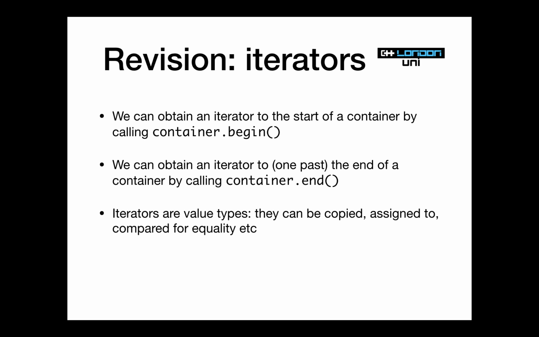We could say, I have two iterators, are they the same? And they're the same if they point to the same position in the same container. So iterators all implement operator== and operator!=, and they say, do I represent the same position in the same sequence?